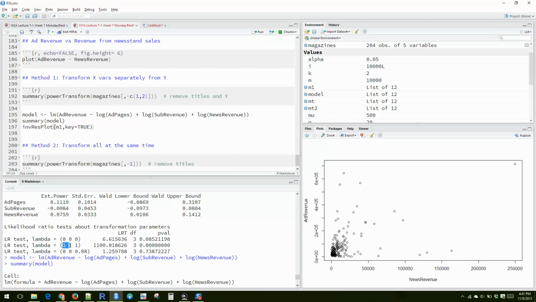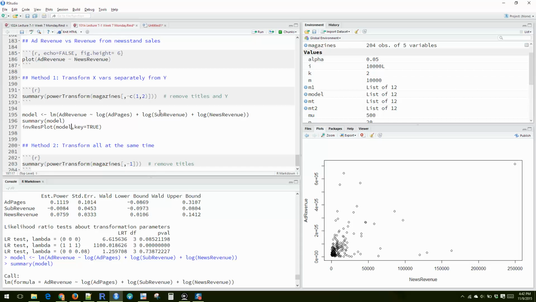So 1, 1, 1 means leave it untransformed. 0, 0, 0 means do log on all three. And this would be 0, 0, 0.08, which would be log on the first two and then transform the third one by a power of 0.08, which I don't really know what that would accomplish, but that produces the highest p-value, so it would be the least troublesome, okay?